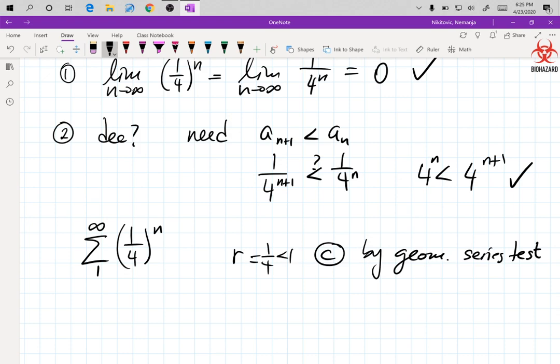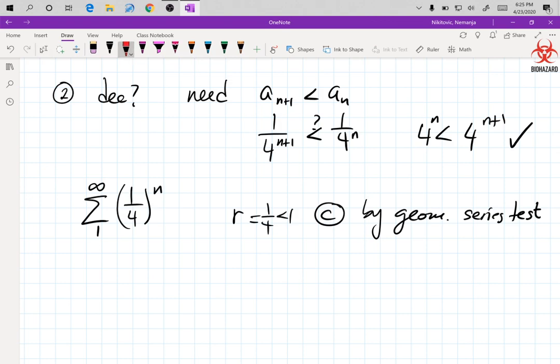All right, so now we have the geometric series test. So now we have convergence. So we can now write the answer.